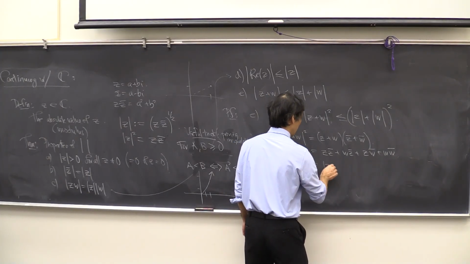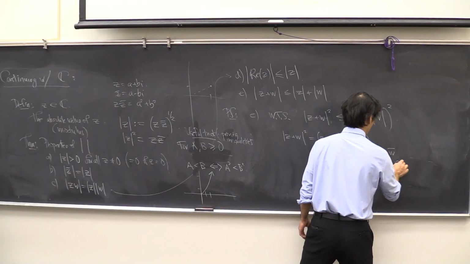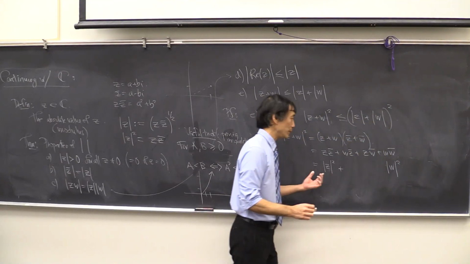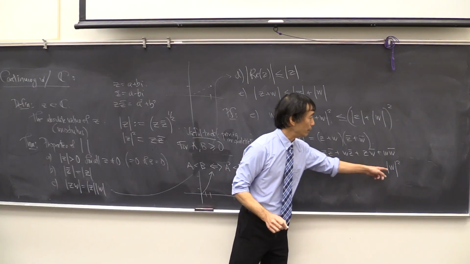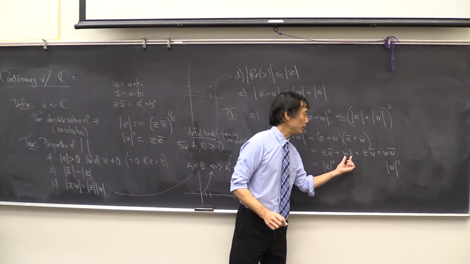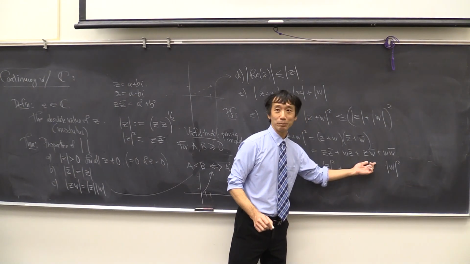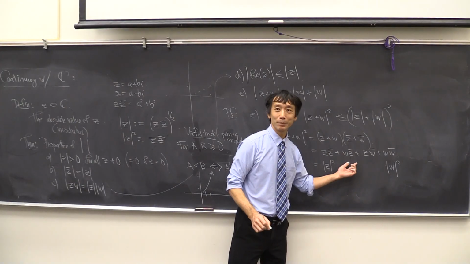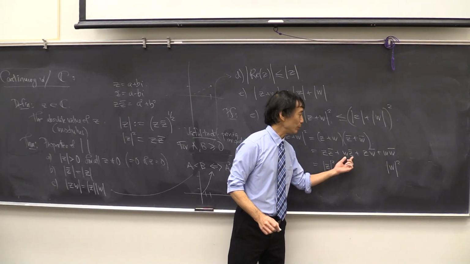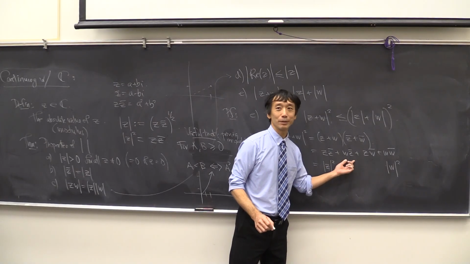So that is to say, modulus of z squared plus modulus of w squared plus this guy here, so this is w z bar plus z w bar. Can anybody say anything interesting about this? What's the relation between these two guys?